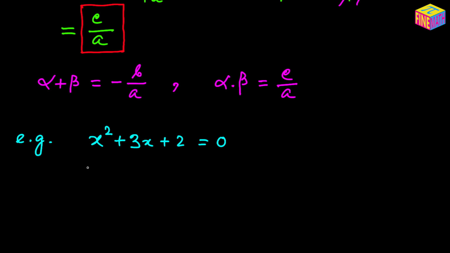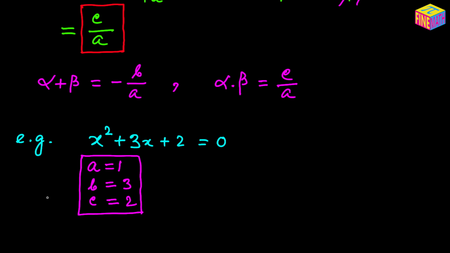So that means our a, the coefficient of the leading term, is 1, and b is the coefficient of the x term, the middle term, which is positive 3, and then c is the constant term, which is positive 2. So this is our a, b, c for this particular example, right?